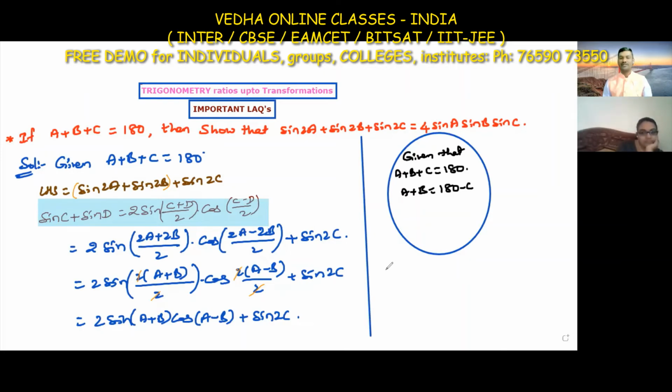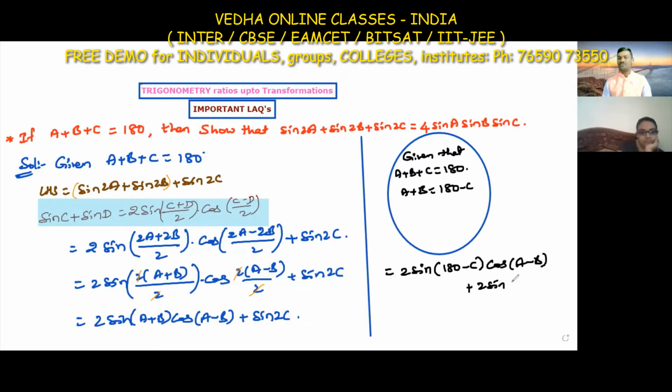Then we get 2 into sine of (A plus B), which means 180 minus C, and cos of (A minus B), plus sine 2C. What is the sine 2 theta formula? 2 sine theta into cos theta.